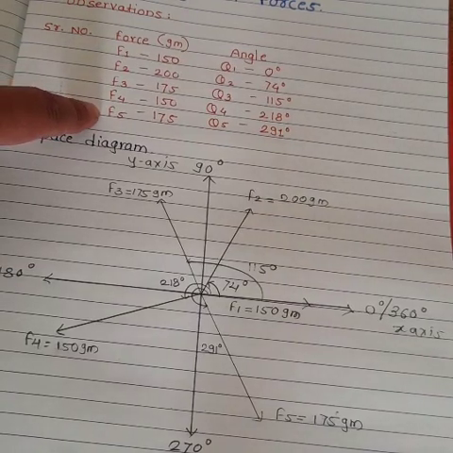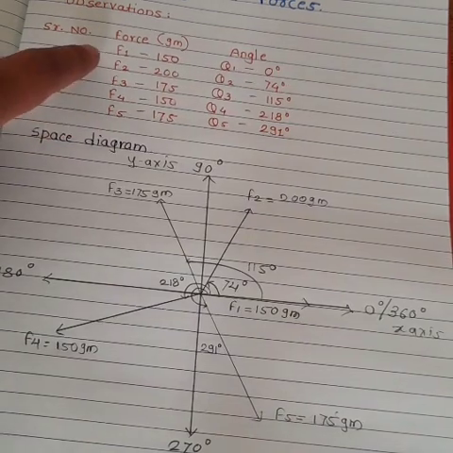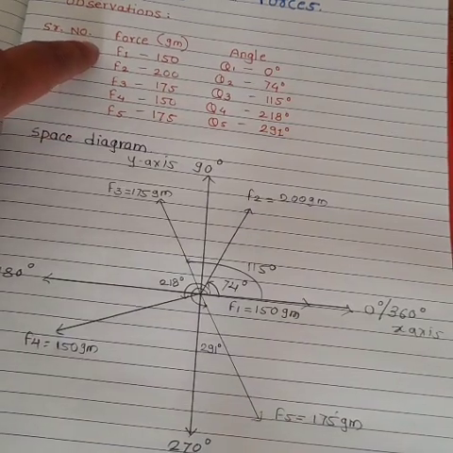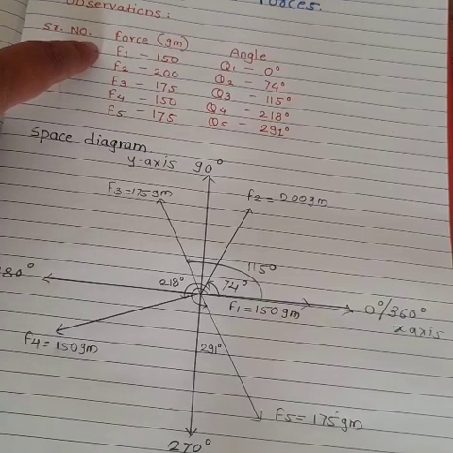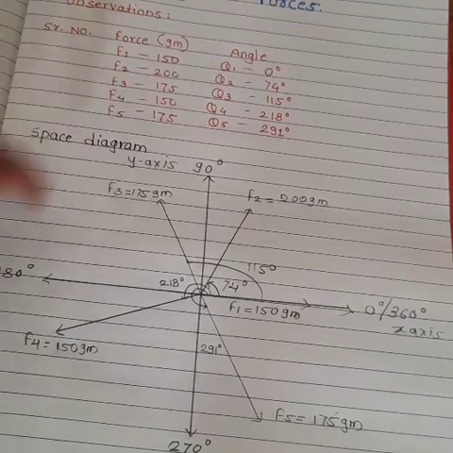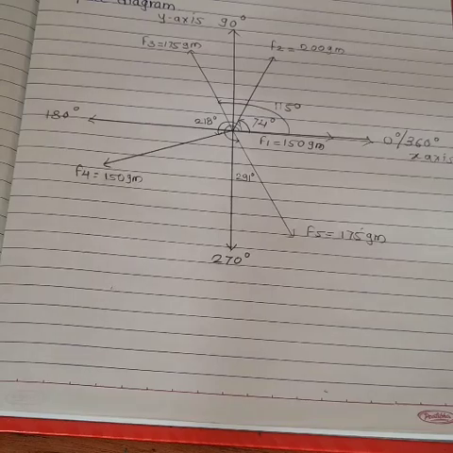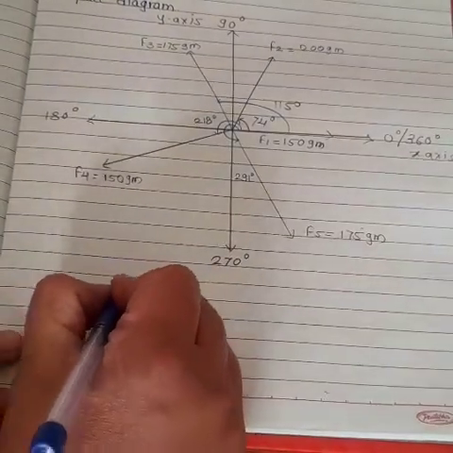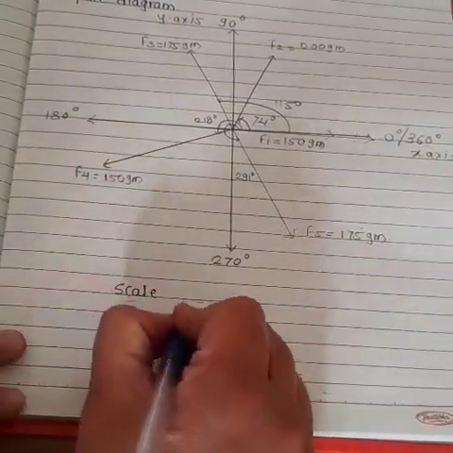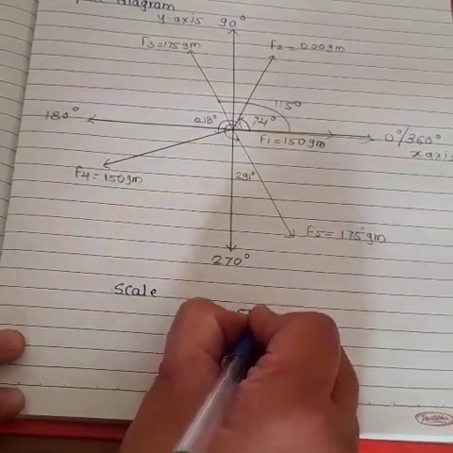Let's assume a scale for 1 centimeter; you can assume 25 gram, 50 gram, 100 gram. 50 gram is suitable for all the forces. So I am taking the scale as 1 centimeter is equal to 50 gram.